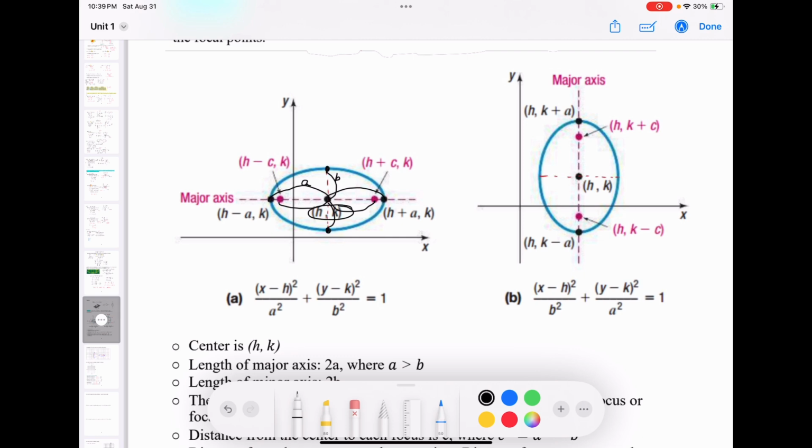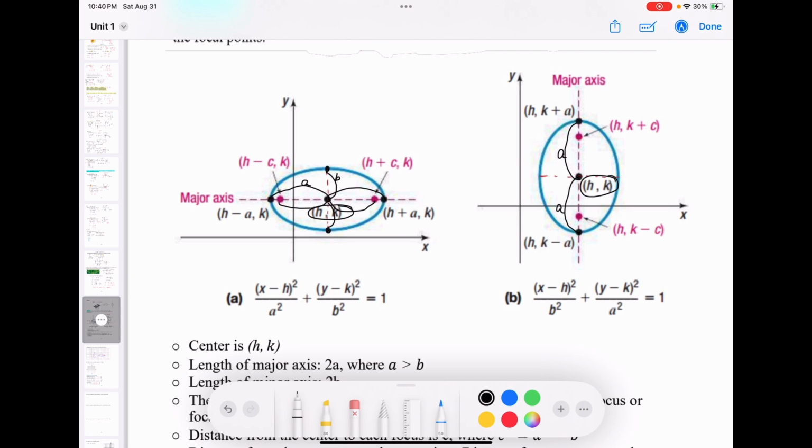The second image is the graph of the ellipse whose major axis is a vertical line. If we have the center (h, k), we go up a units, and this is one of our vertices. Going down a units is the other vertex. We call these two the vertices.